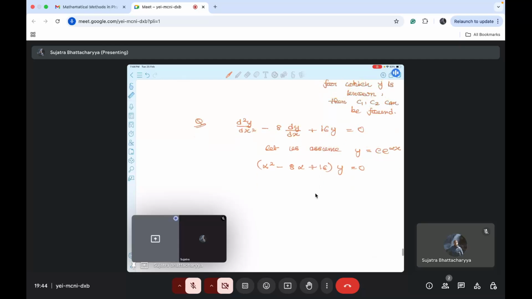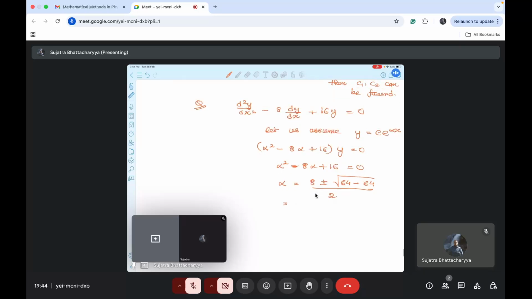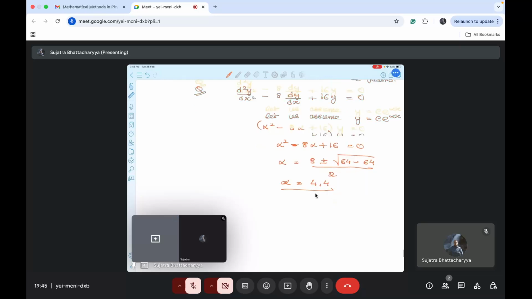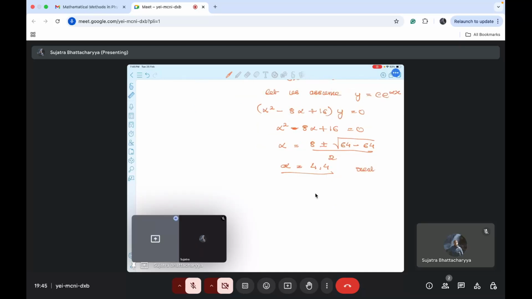We need a non-trivial solution. So alpha square minus 8 alpha plus 16 should be equal to 0, which is the auxiliary equation. 8 plus minus root over 64 minus 4 into 16, which is 64, by 2. So alpha will be nothing but 4, 4. Two solutions, real but equal. So it's real but equal roots.